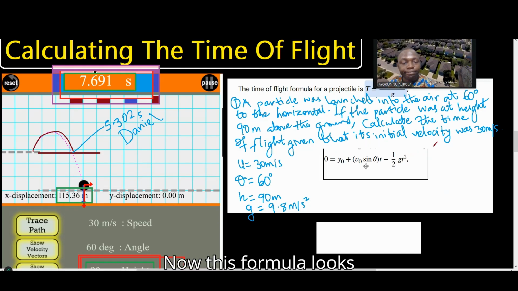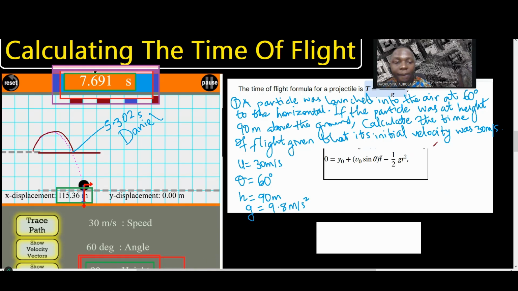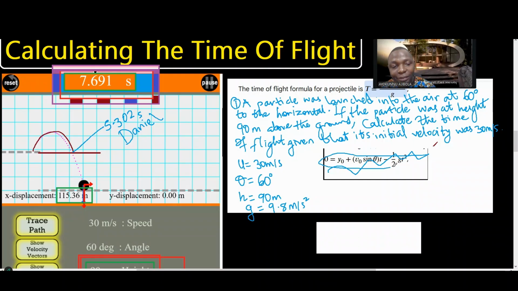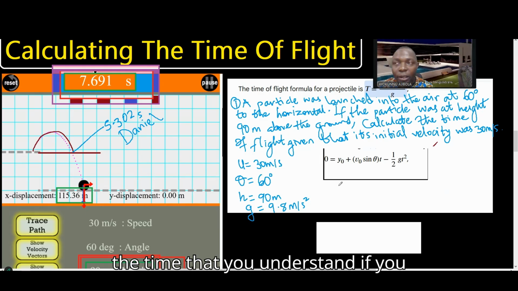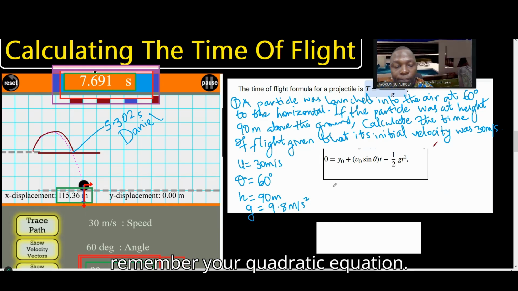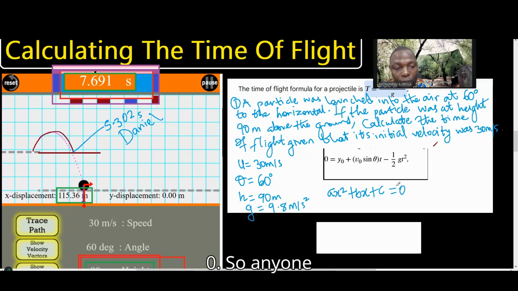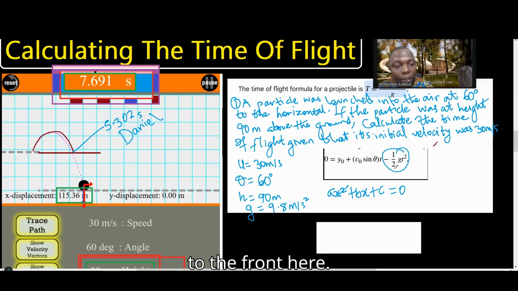Now, this formula looks like a foreign language, right? Yes, sir. So let me bring it to the terms that you understand. If you remember your quadratic equation, ax squared plus bx plus c equals 0. Anyone that has a square, you bring it to the front here. So what is the square there?